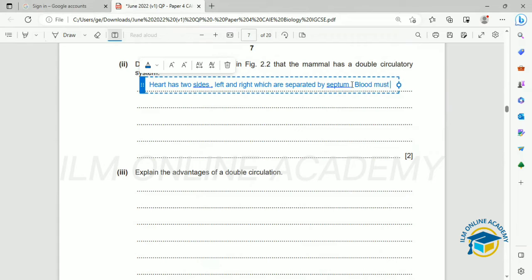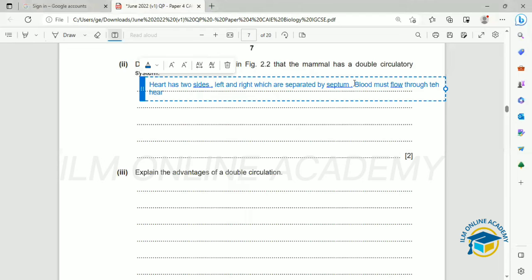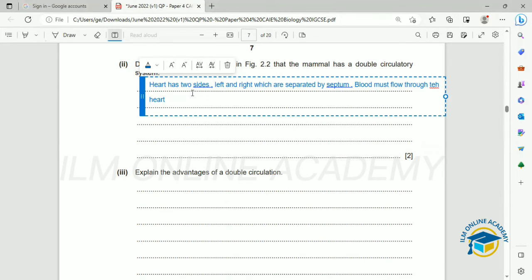Blood must flow through the heart twice in one circuit.